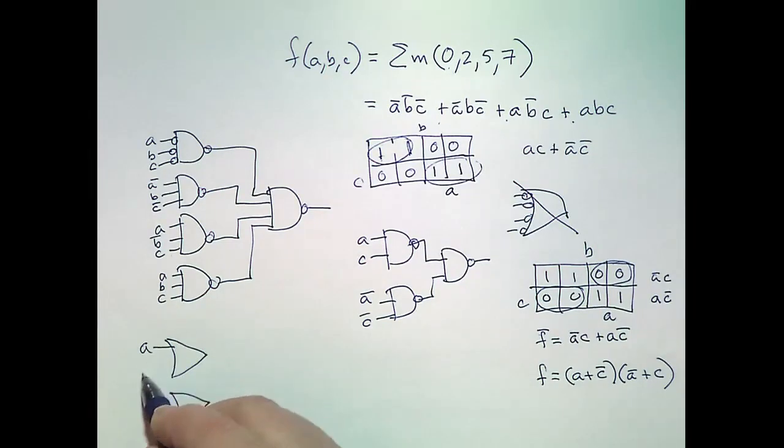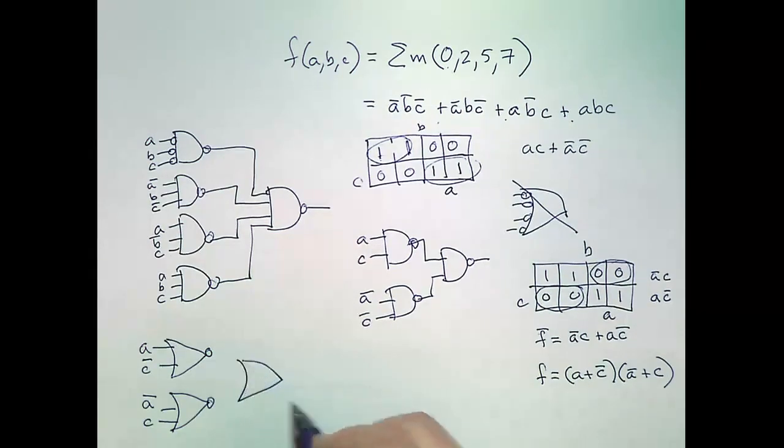We'd have A and C bar, and A bar and C, and instead of ANDing those, you would then use a NOR gate. Okay, it's really easy to get confused here. Don't hurry.